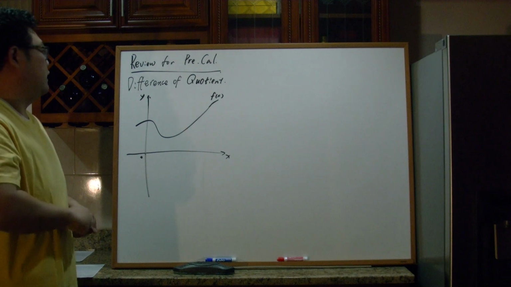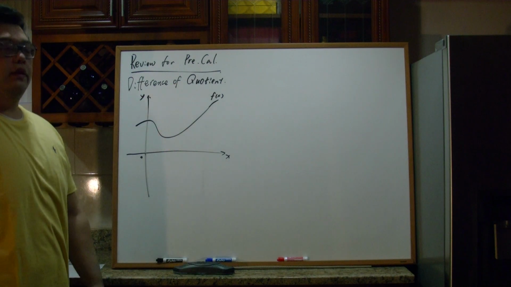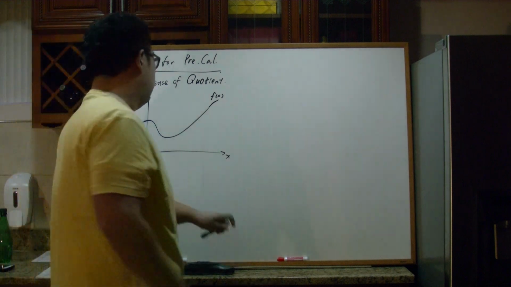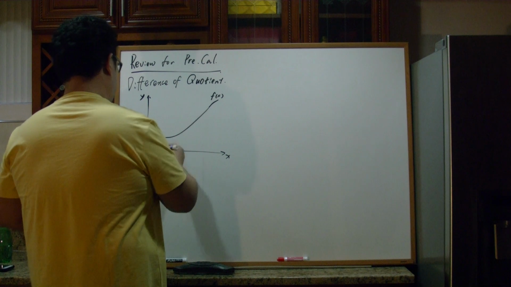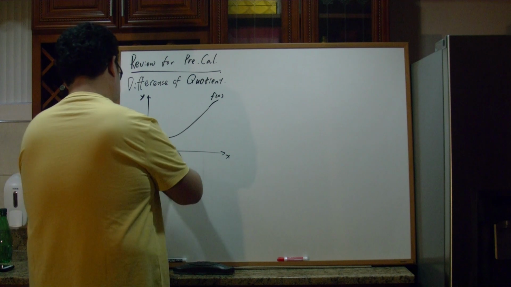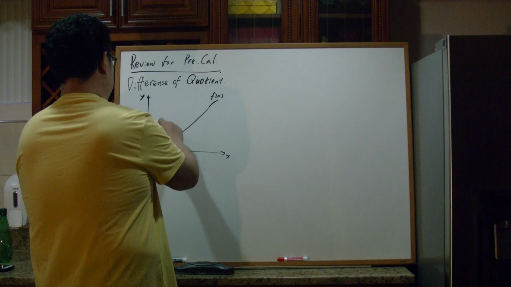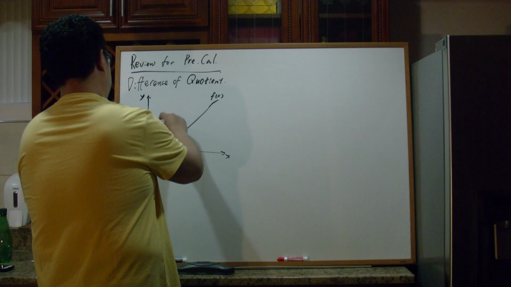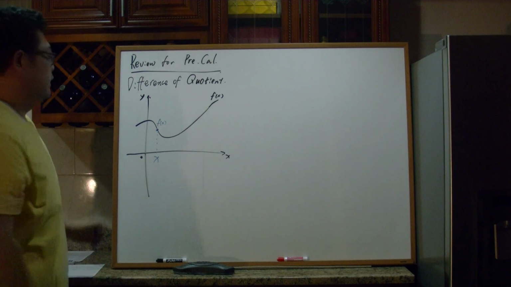The second is the difference quotient. Given an arbitrary function f of x and any point x over there, we have the y value called f of x.